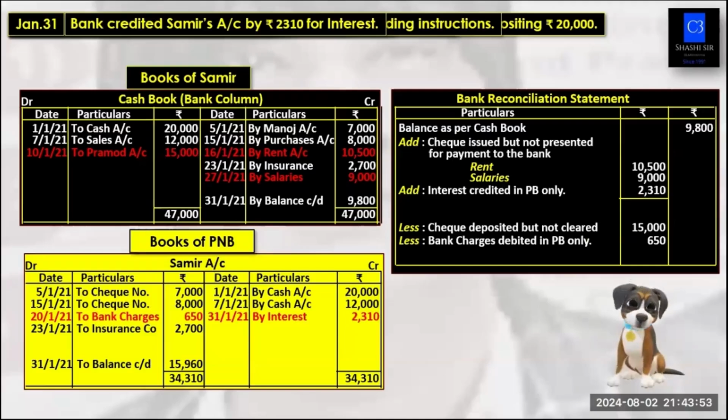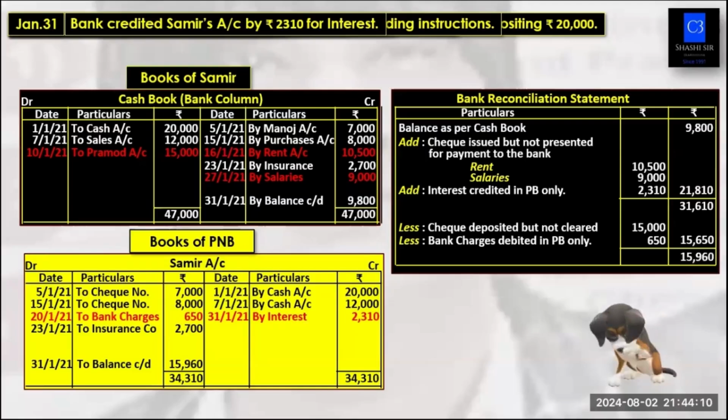And now, after totaling the inner column, the balance will be taken here, 21,810. This will be added to the 9,800. The figure is 31,610. And we deduct 15,650 from this amount, we get 15,960. This 15,960 is the balance shown by passbook.